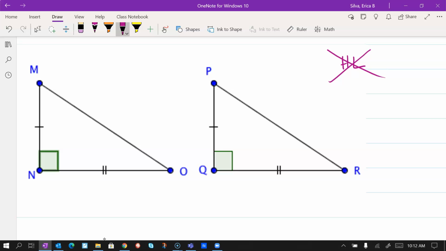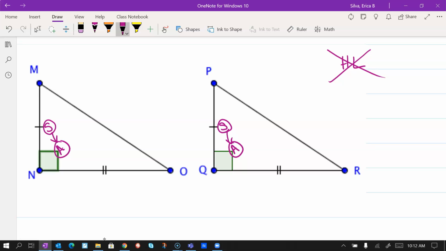So now let's go with whatever we do know. We know that this side is congruent to this side, and we need to pay attention to the tick marks. One tick mark to one tick mark. The closest congruent angle is this angle right here, which is my right angle. Put our little arrows so we go the same direction.